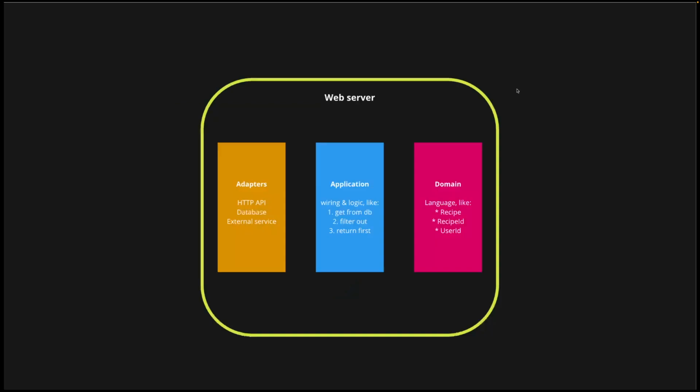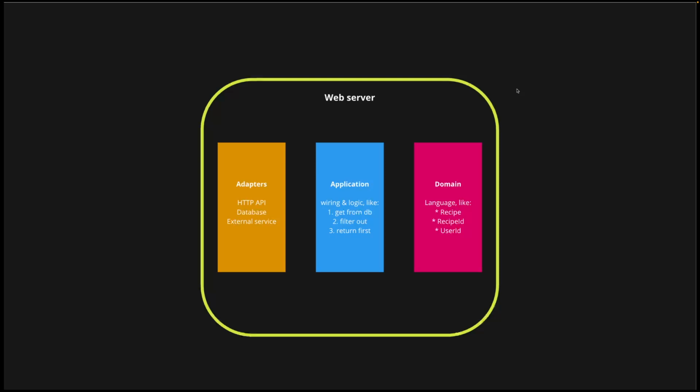If you follow this further, if you try to do this for the whole application, something emerges: you can imagine several separate layers, separate chunks of your application. Modern hexagonal application selects these three layers: adapters, application, and domain.